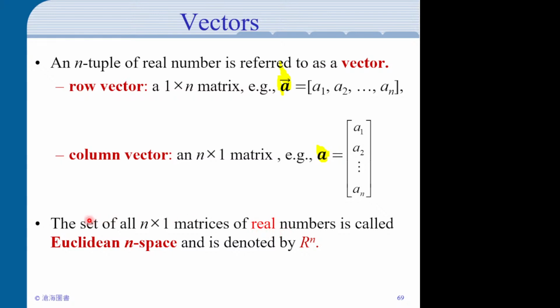I guess it's the set of all column vectors, and it's parameterized by some n, which is the dimension of the space. So n-dimensional Euclidean space is the set of all those n-dimensional real vectors. Euclidean means real, and n-dimension means the matrix has n elements, and it's written as Rn. So that's Euclidean space. It's important to remember what it is.